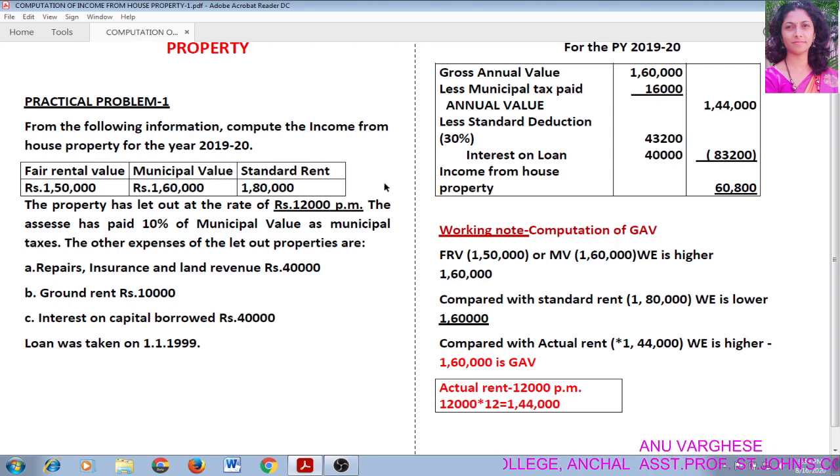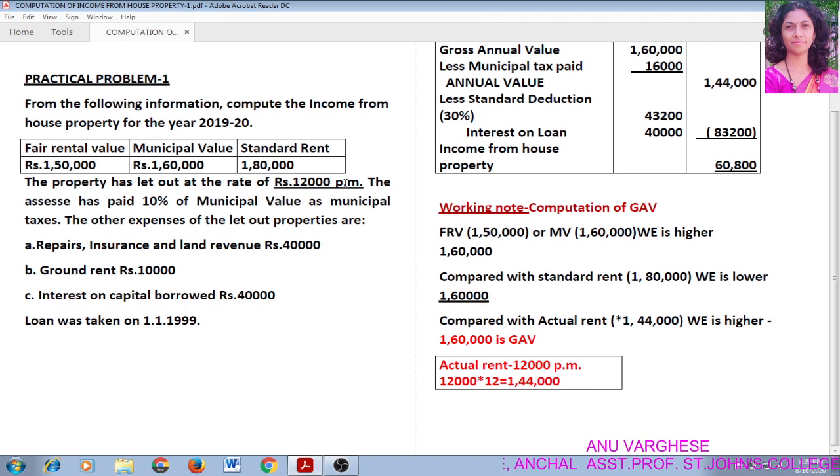Next item which we can deduct is interest on loan. In the question, it is stated that the other expenses of the let out properties are repairs, insurance, land revenue, ground rent rupees 10,000. These figures are irrelevant for computing income from house property.